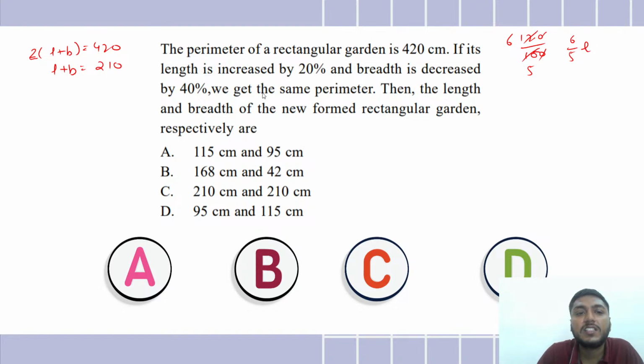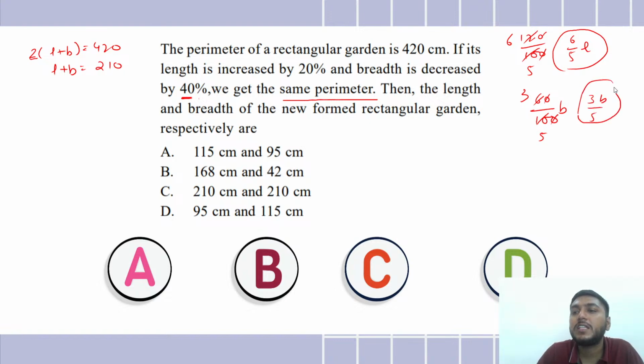Similarly, breadth is decreased by 40%. So 100 minus 40 would become 60%, right? So this is 60 by 100B. 2 3s are 6, so 3 by 5B. Right, students? Now the perimeter remains the same. We have got the length, and we have got the breadth, that is 3B by 5. So using these, the perimeter remains the same.